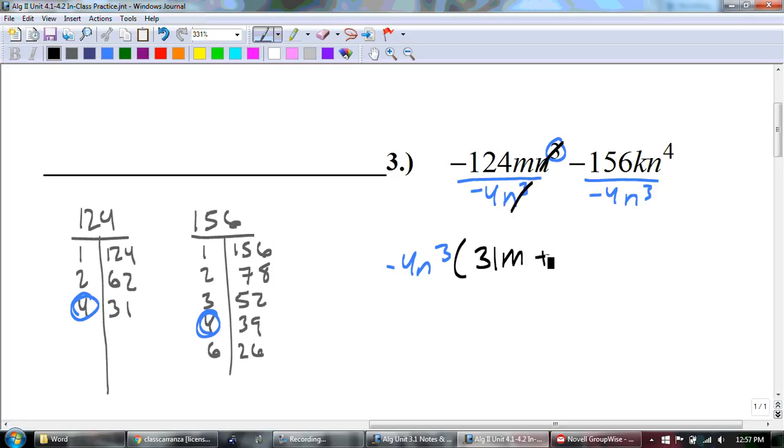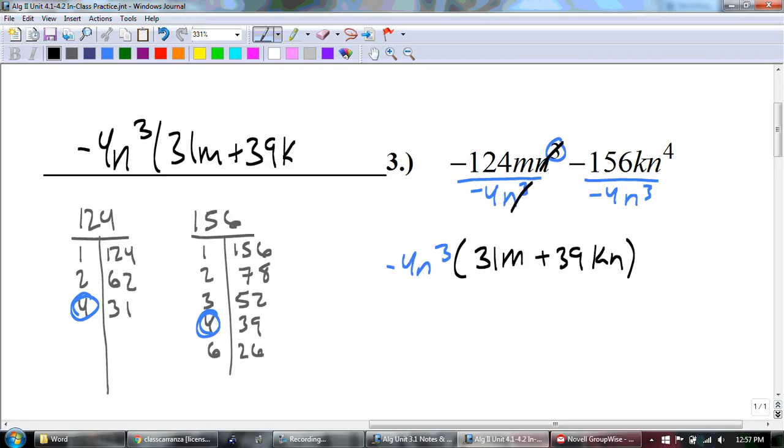Negative divided by negative is a positive. 156 divided by 4 is 39. k, and then 4 minus 3 is 1. So negative 4n out front, 31m plus 39kn.